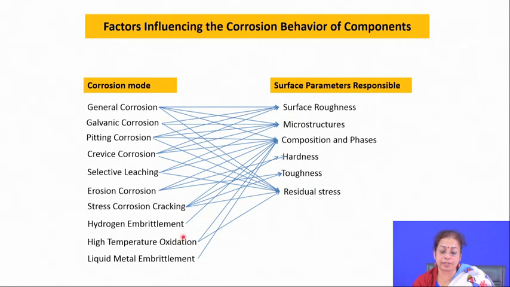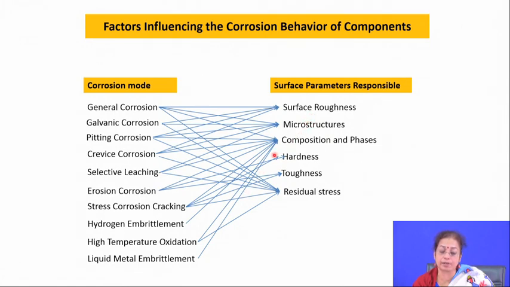If you talk about high temperature oxidation, 2 important factors are responsible for the damage: one is residual stress, the second is the composition and phases present in the microstructure, and roughness also to some extent.